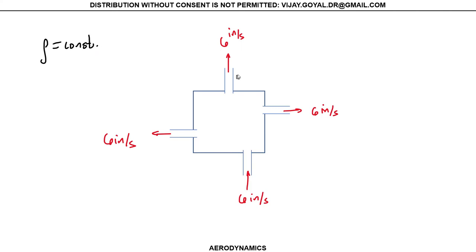Okay, and we're going to call this 1, we're going to call this 2, we're going to call this 3, we're going to call this 4. Okay, the next thing you have to do in the problem is put a control volume, and I'm going to place my control volume right inside here like this.